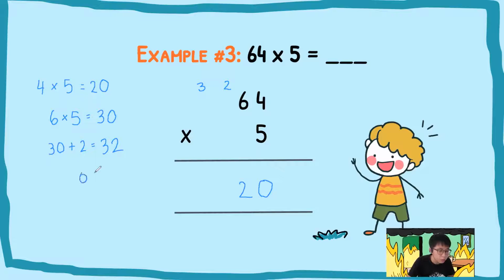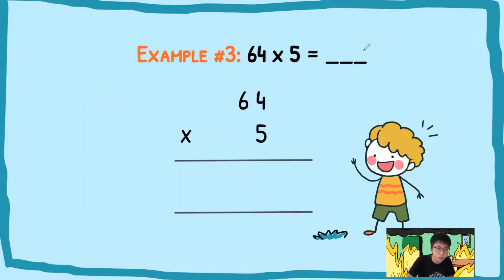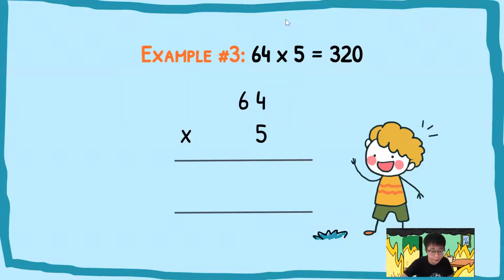And 0 times 5 equals to 0. Anything multiplied by 0 is 0. 0 plus 3 equals to 3. So your answer will be 320. Okay. So I hope that you managed to get that answer.